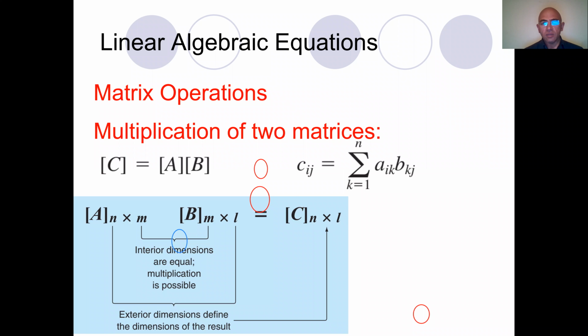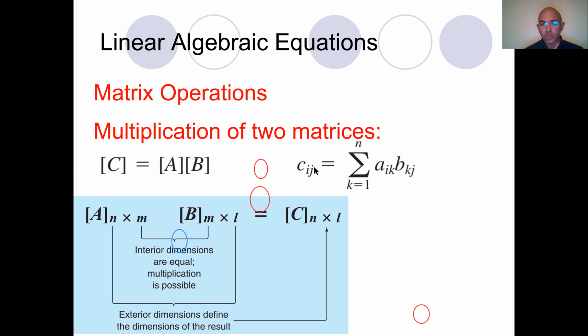Now, the next thing is multiplication of two matrices. In fact, this is critical, and we use it very heavily. In this case, let's say that matrix C is equal to A multiplied by B. We can show it like this.